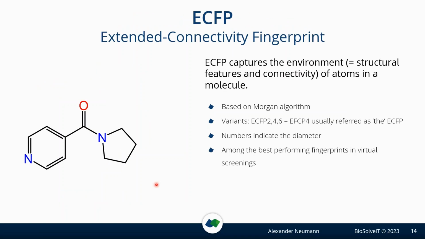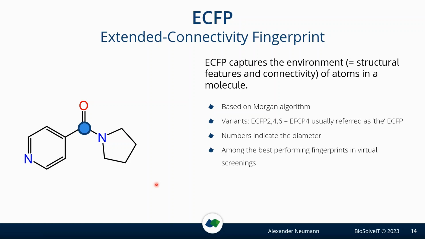Before we dive into the use case applications, we need to learn a little bit about the fingerprints that are already out there. I will start with the ECFP, the extended connectivity fingerprint. What the extended connectivity fingerprint does is capture the environment, so the structural features and connectivity of atoms within a molecule. So what you do is start with an atom, and you do it for all atoms at all stages, right?